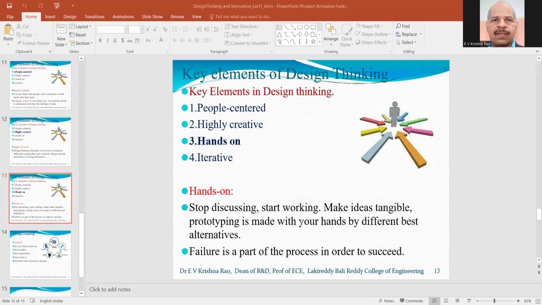So the hands-on process, the element of the hands-on process, should be looked into while thinking creatively. After creative thinking, you start working and discuss with the people. You cannot discuss for long hours.